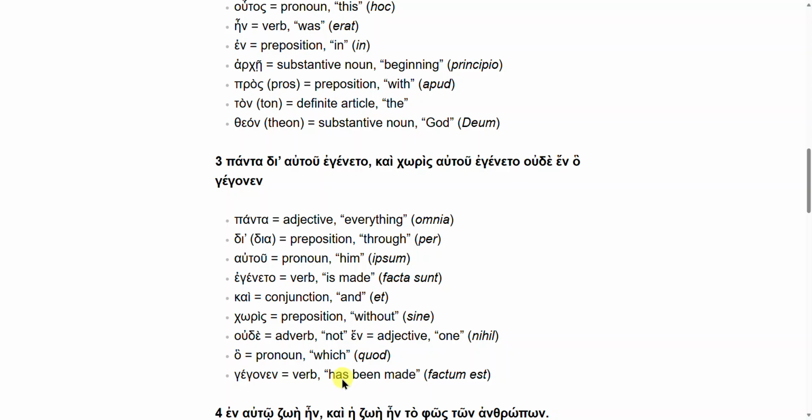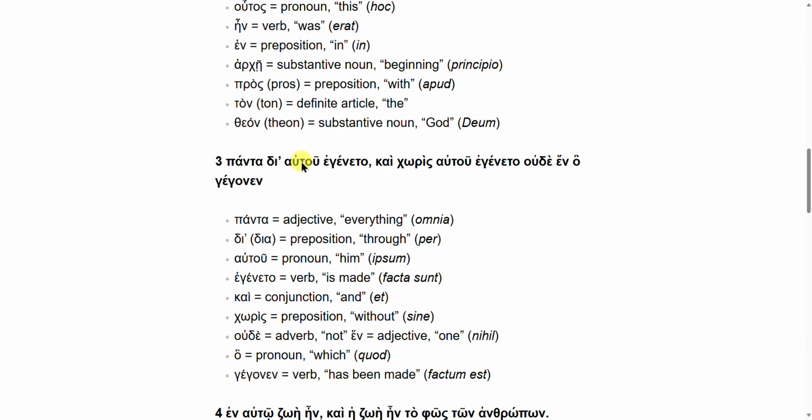So you can see there's a relation between gegonen and egeneto. Gegonen will translate as has been made. So to read that verse, this is a challenging verse, verse 3. Panta diautu egeneto, kai choris autu egeneto ude hen ho gegonen.